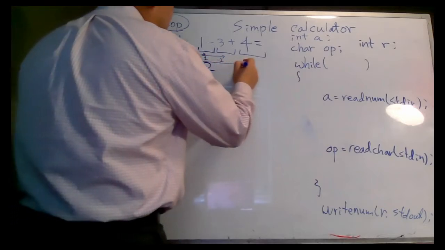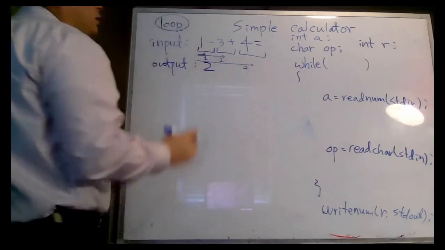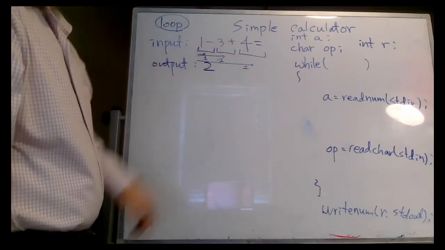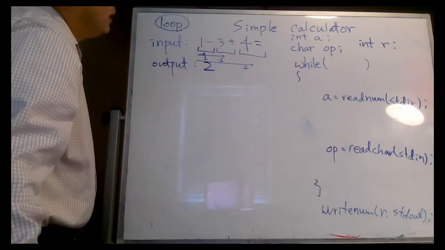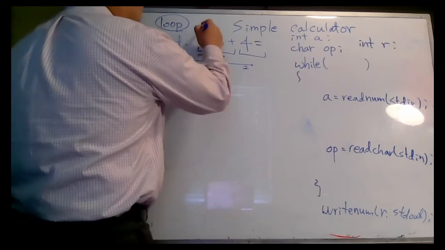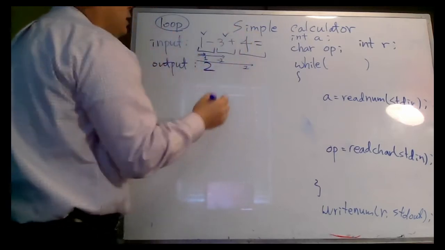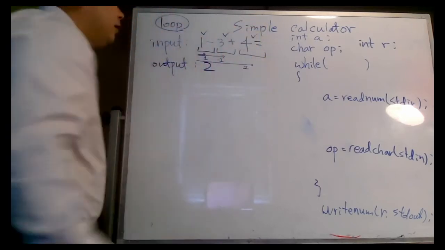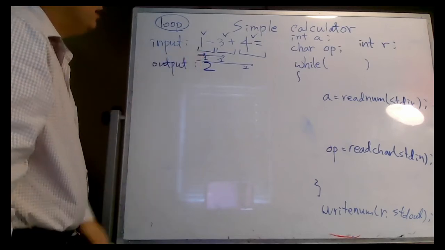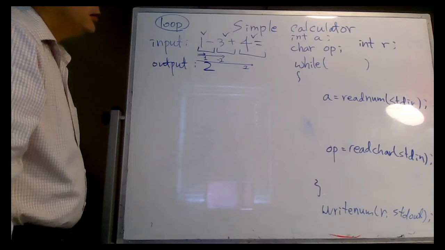And when you read up to here, the result has to be 2, because 1 minus 3 plus 4 is 2. What does that mean? Updating must take place here, and here, and here. In a sense, right after reading a number, and right before reading the operator. Okay?